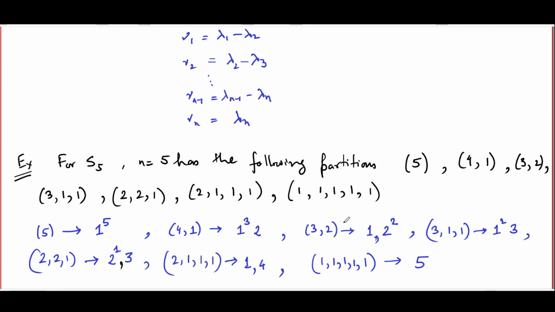That's all. 2, 1, 1, 1, the other partition: nu 1 of 1, nu 2 of 0, nu 3 of 0, nu 4 of 1. So 1, 4: a 1-cycle and a 4-cycle. And this last one gives you 0 values for nu 1, nu 2, nu 3, nu 4, and gives you 1 for nu 5. So that's a single 5-cycle, denoted by 5 to the 1 or 5.